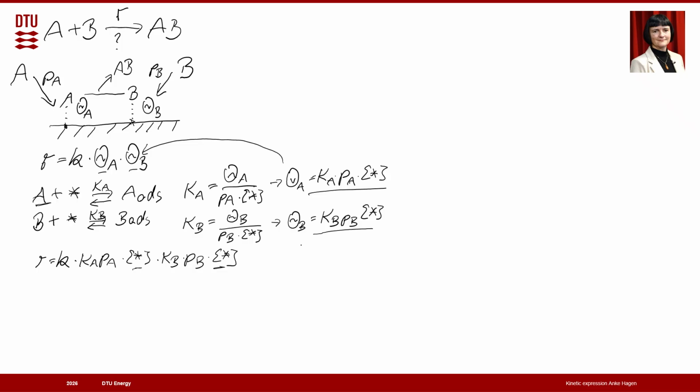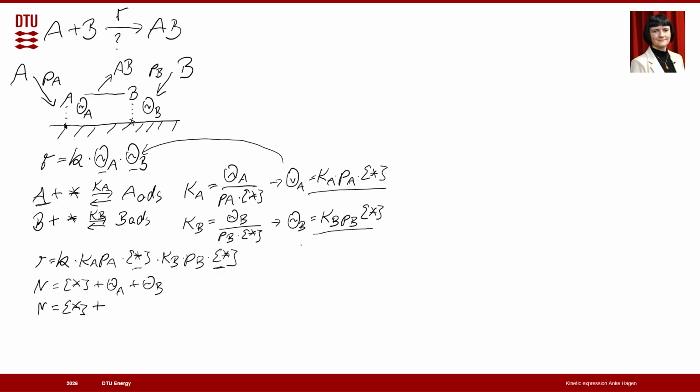We know that the total number of active sites on the catalyst, N, equals the number of free sites plus those sites that are occupied by species A plus those sites that are occupied by species B. So now we can use this expression. At first, we are again substituting the concentration of adsorbed surface species.